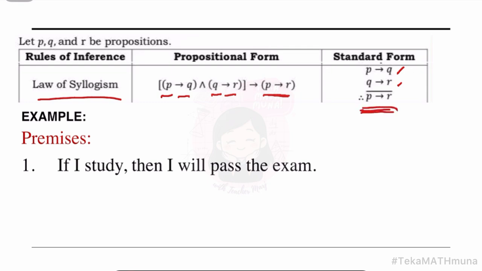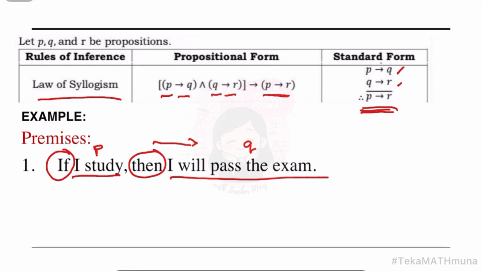Example, if I study, then I will pass the exam. I study, that is proposition P. I will pass the exam, that is proposition Q. And we use if then.